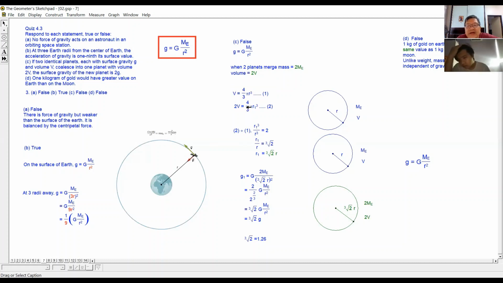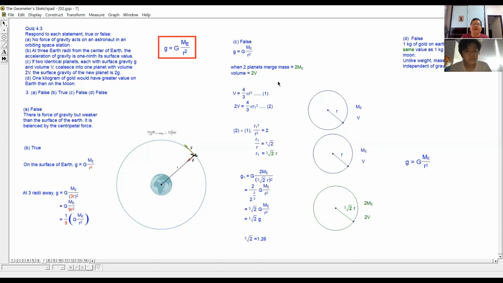So the second equation refers to the new planet, and the volume is 4 over 3 pi r cubed. In order to distinguish the new planet from the old one, I put a small subscript 1 at the bottom. So the subscript 1 denotes the radius of the new planet, whereas the r is the radius of the old planet.